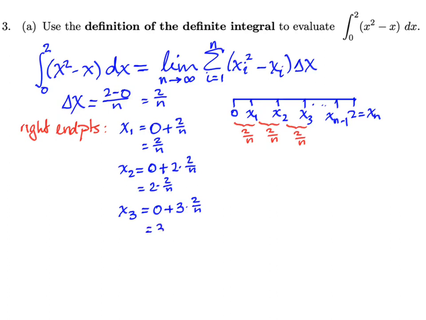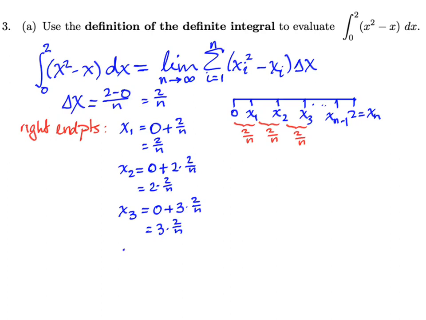I'm not going to multiply those together. I'm just going to leave it like this so I can see what the pattern is. We can see that each of the xi's has a 2 over n in it, but the number in front changes, goes up by 1.